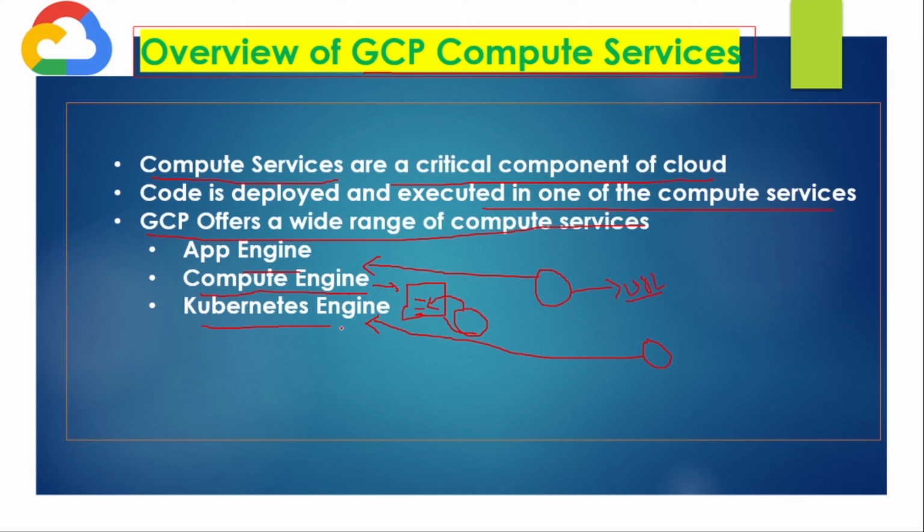It will take up your code, form a container, and manage the container, whether by scaling up, scaling down, or the number of pods that you want to create. All these things are managed by Kubernetes Engine. Nowadays Kubernetes Engine is in demand, the demand for virtual machines is going down, and Kubernetes Engine is taking over, right?